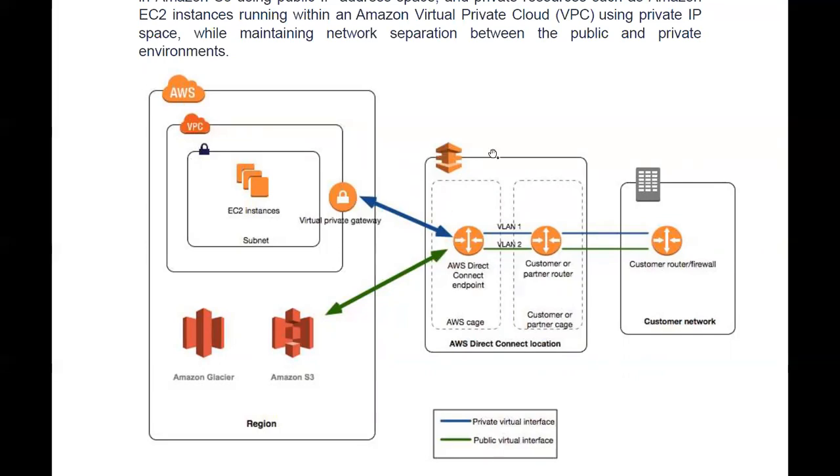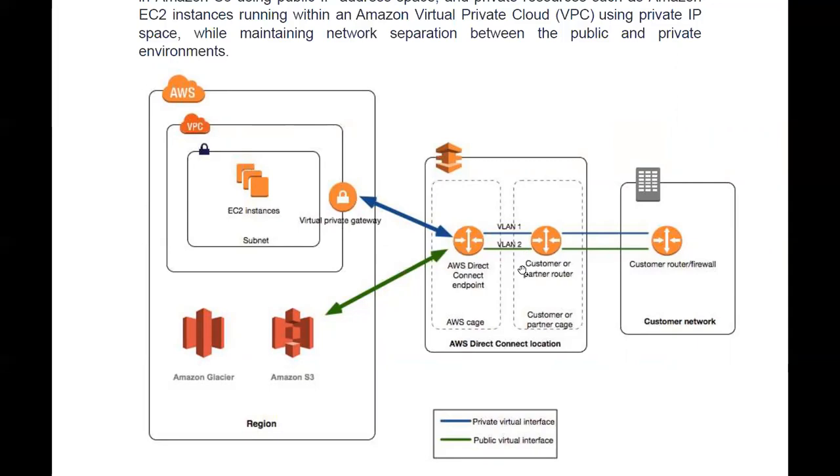Let us take this as the Amazon data center connectivity point, where your connectivity will be terminated, and the AWS data center is also terminated here. There are providers offering high-speed links that allow you to connect to AWS.